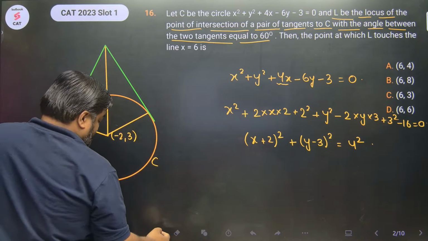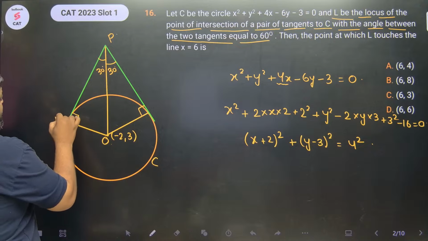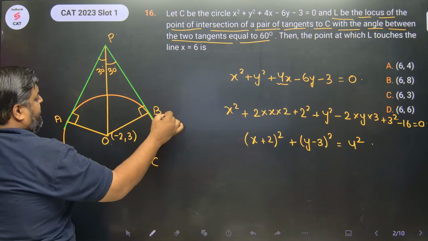Let this point of contact be T or P. Let the center be O. Each of these angles would be 30 degree. Yes or no? This obviously is 90 degree. Let's name them A and B.